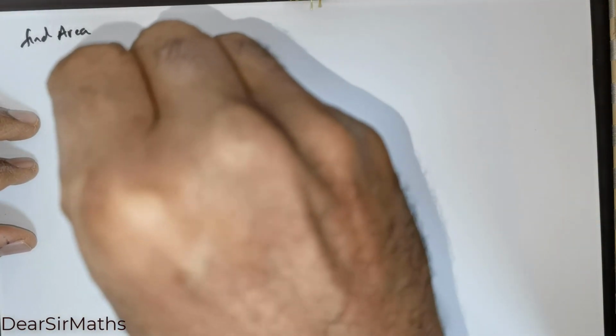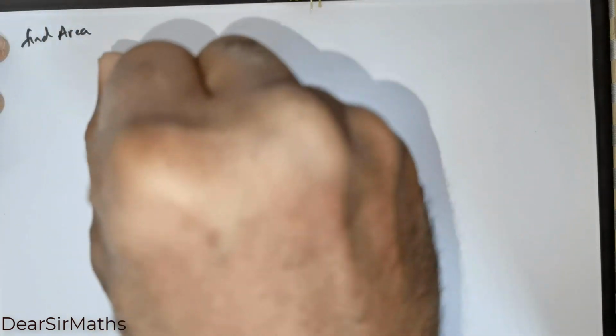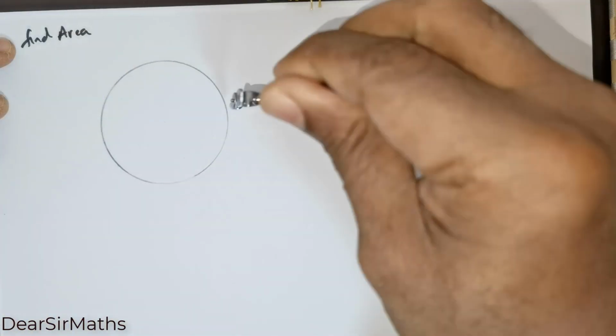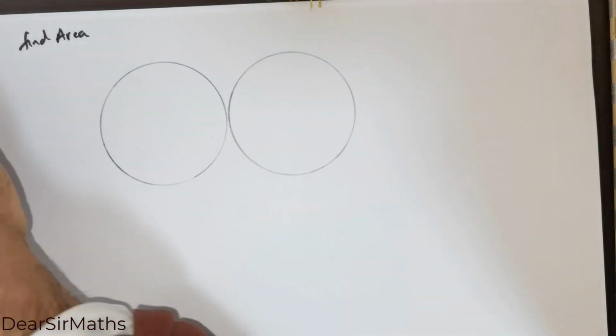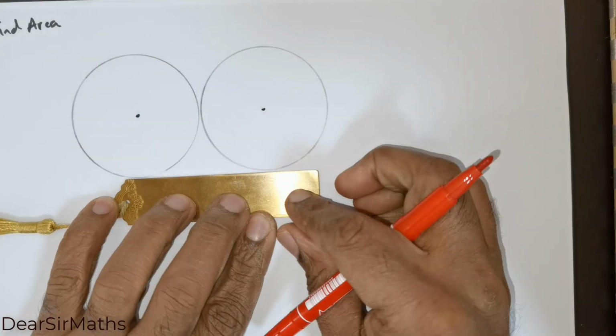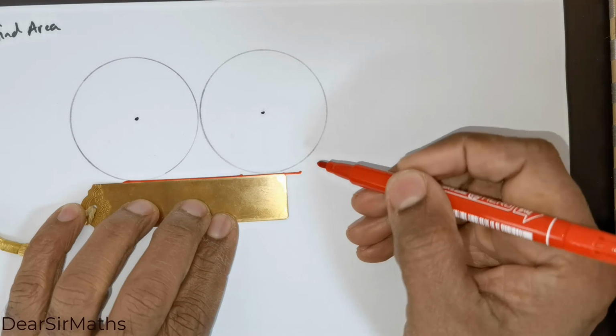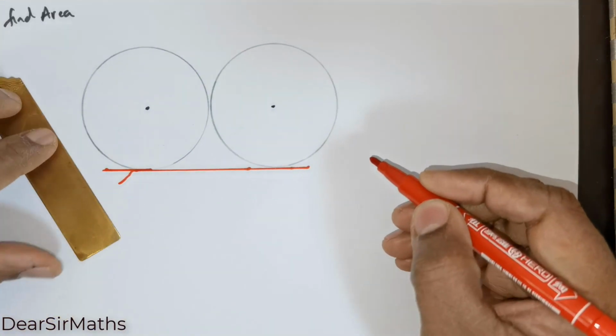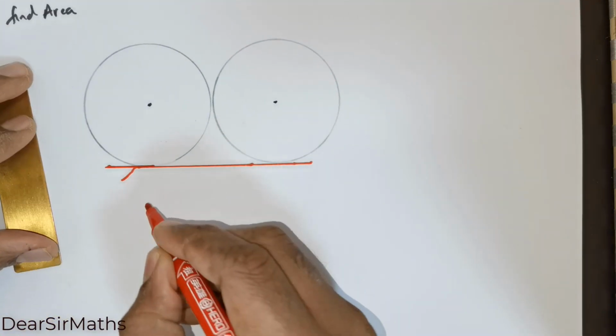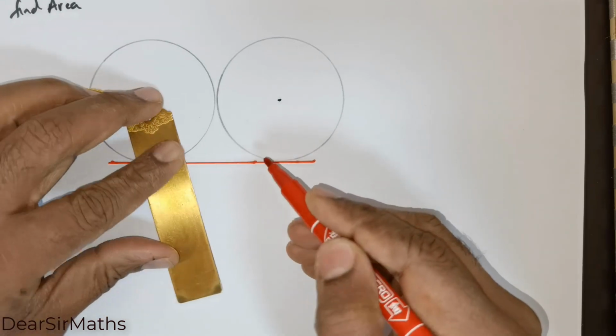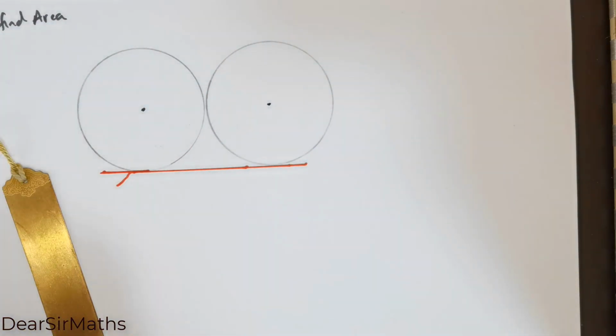Let me draw the circle. They are both lying on this plank and there is a square.